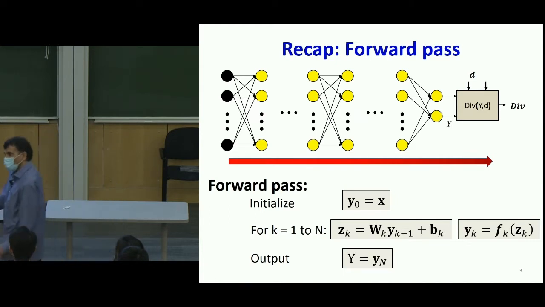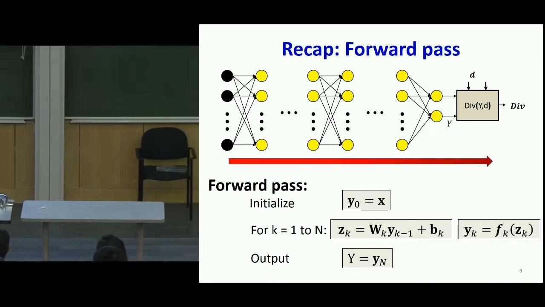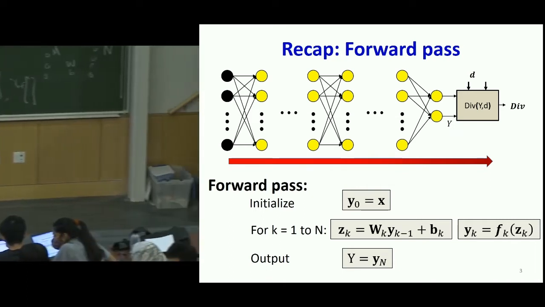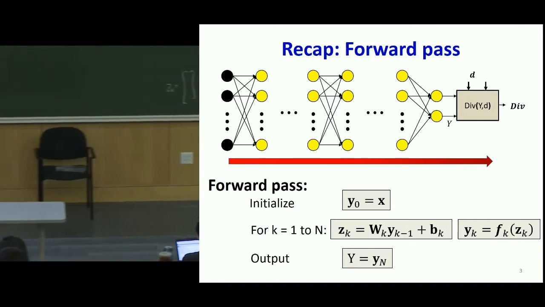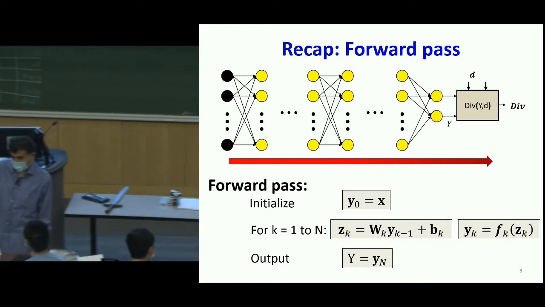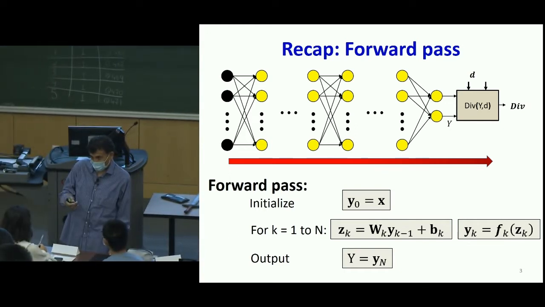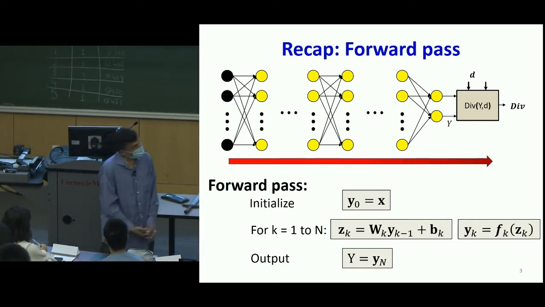So, okay, what are the two stages in a neuron? When you compute an active neuron, what are the two steps of computation? One is the affine computation of all inputs, and then you apply the activation.